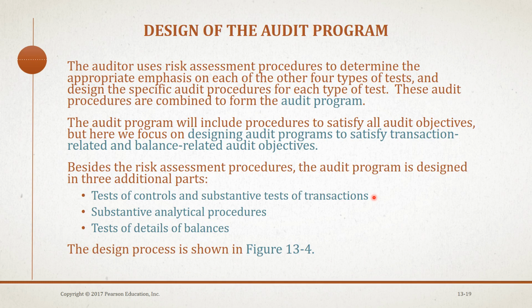We have an audit program which tells us step by step what we are going to be doing. And basically, once we have this audit program, it's going to tell us all the objectives that we need to accomplish and how we need to accomplish them.